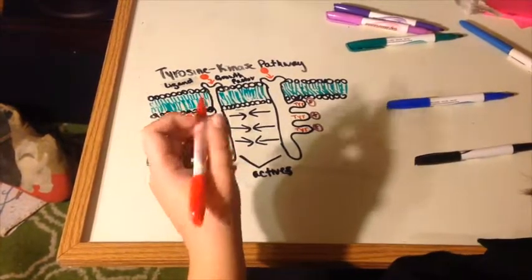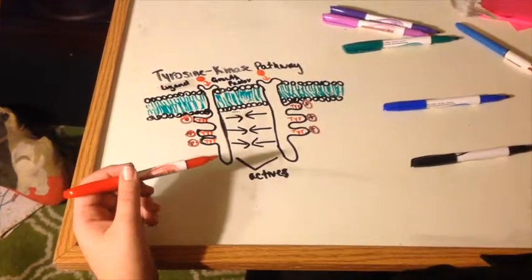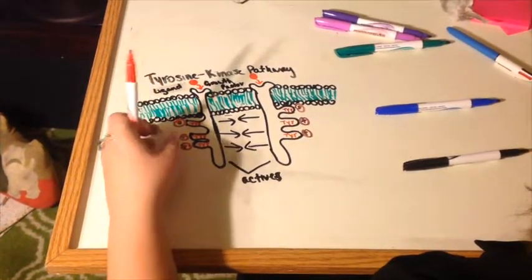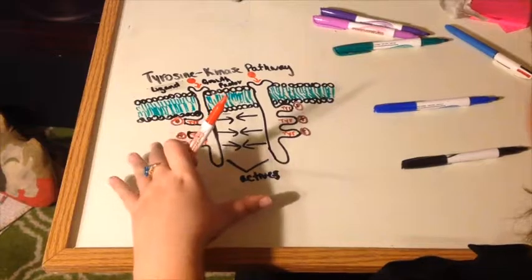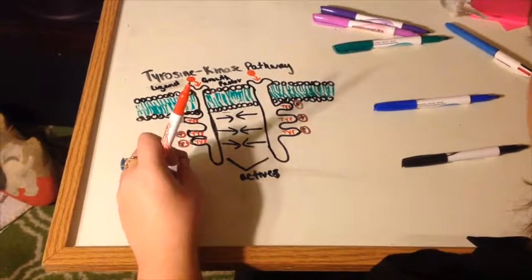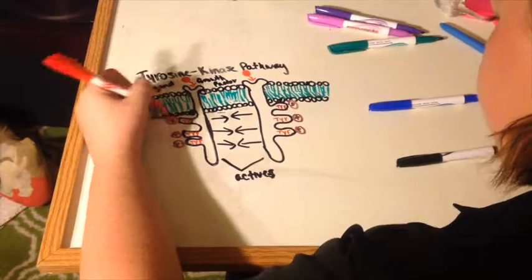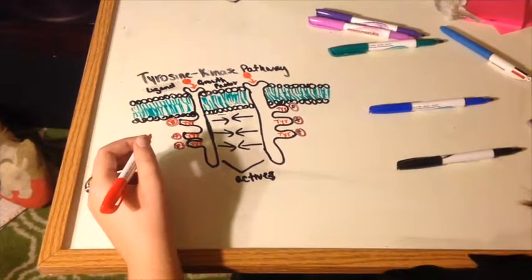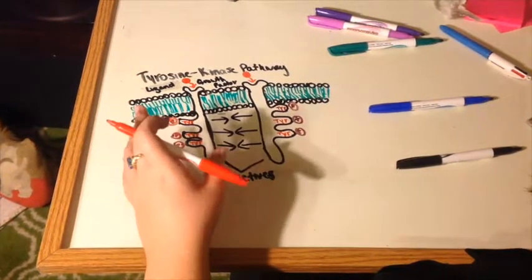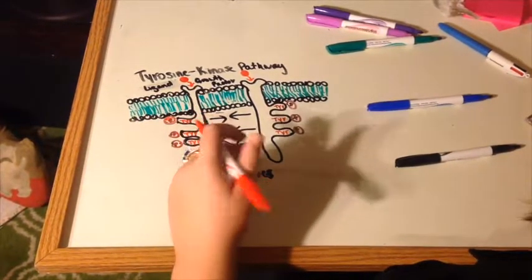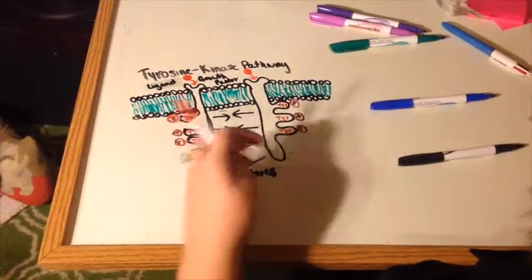Before you get the phosphates, you have unphosphorylated receptors, and once the ATP gives you the phosphates, it becomes phosphorylated, and that happens when the relay proteins recognize the tyrosine and bind with them to make multiple cellular responses.